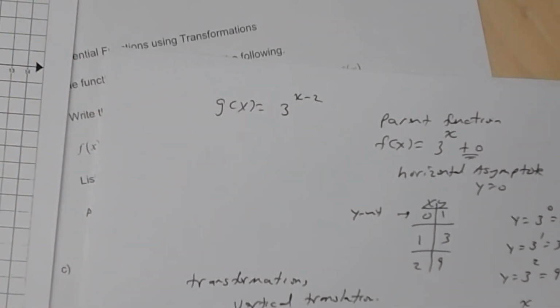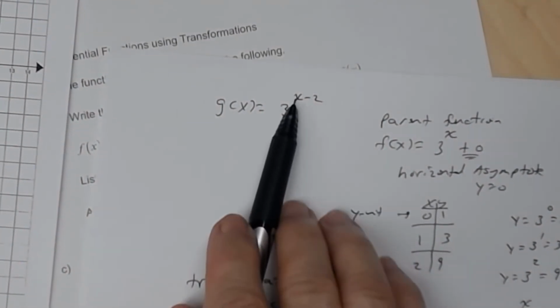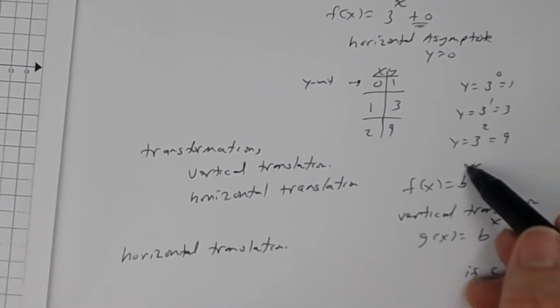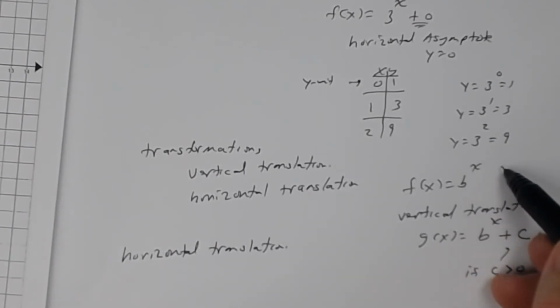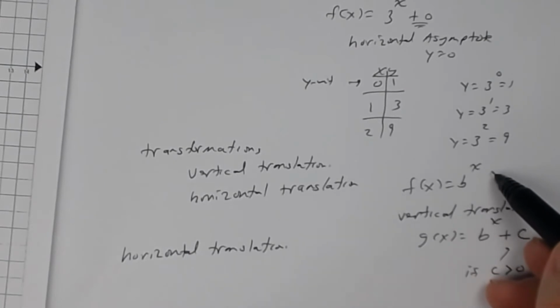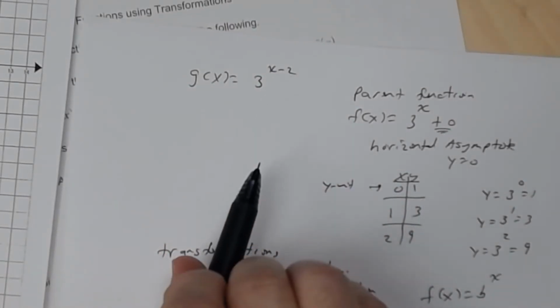If you look at your parent function right here, b to the x, a horizontal translation occurs if your exponent also has a number with it, like x minus 2, x plus 2, something like that. That's horizontal, which is what we have here.